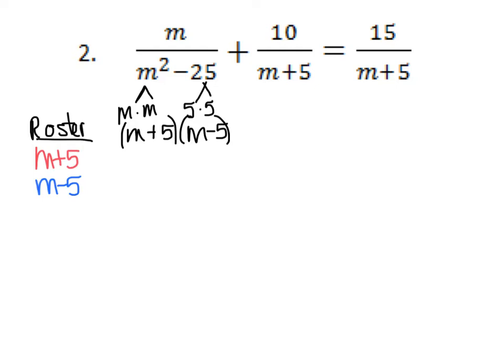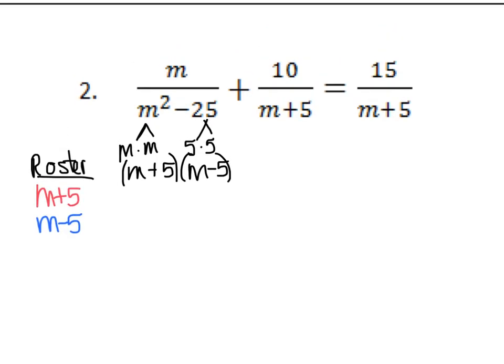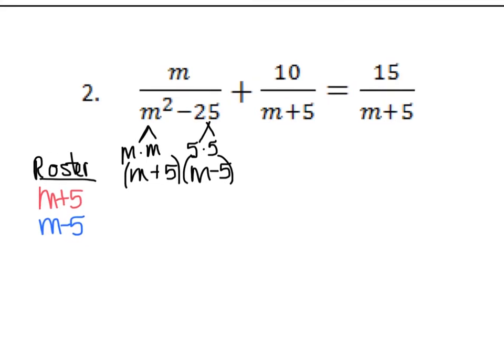So I look at my first fraction, and it has m plus 5, and it has m minus 5. So he doesn't need anybody new on his team, so we're going to leave that numerator alone. The second fraction has the m plus 5, which means he needs the m minus 5.